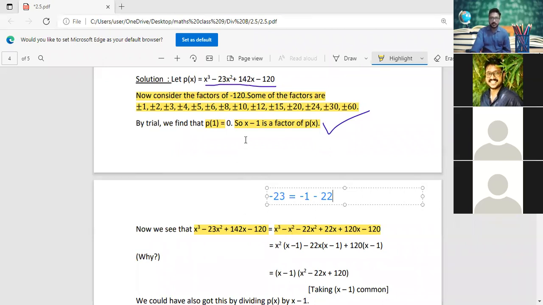Using trial and error, we have found one factor, which is x minus 1. So we are using that one to factorize.